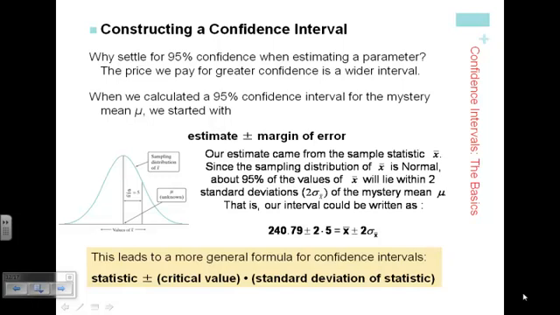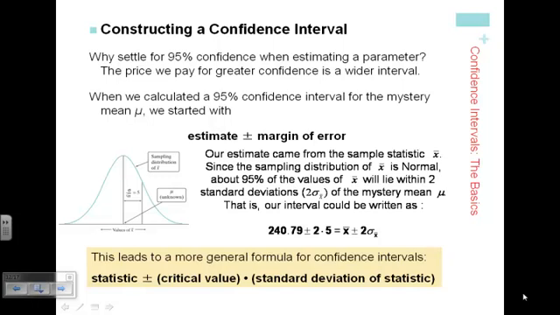In the last chapter, what did we learn? That this one is the square root of p(1 minus p) over n. When we use p hat as the estimator, as the statistic, we're going to use sigma of p hat as the standard deviation of that statistic.